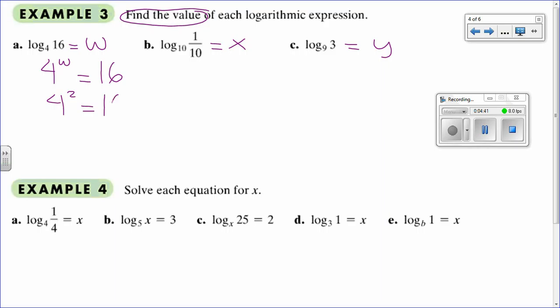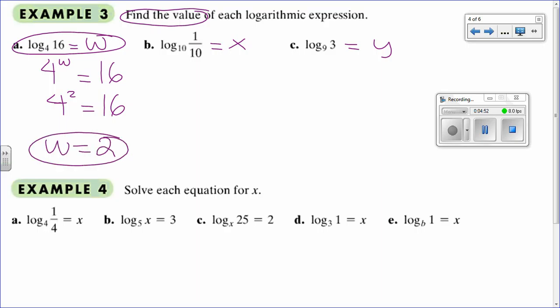So to answer this question without changing it, we think, to what power, and that mystery power will be 2, right? So that's what that expression will equal to. Now the 2, we had a w, can leave it like that there, and then we'll put it at the bottom.